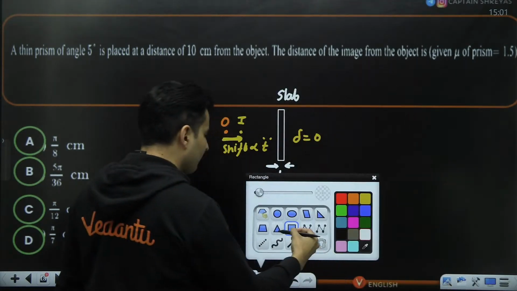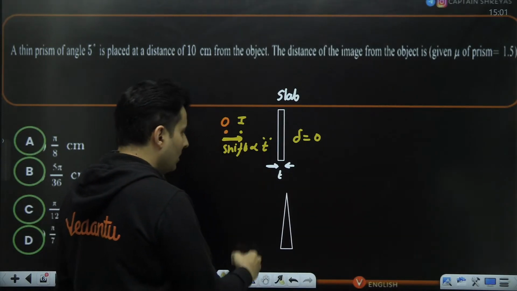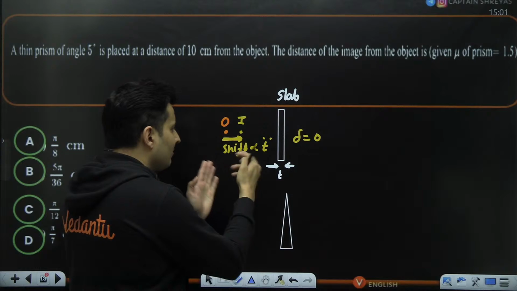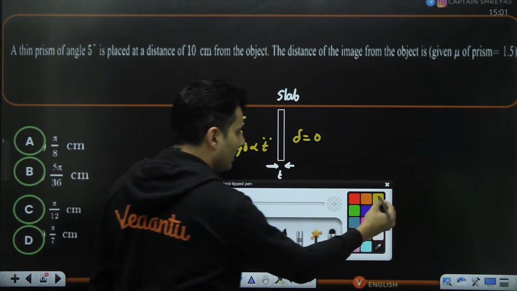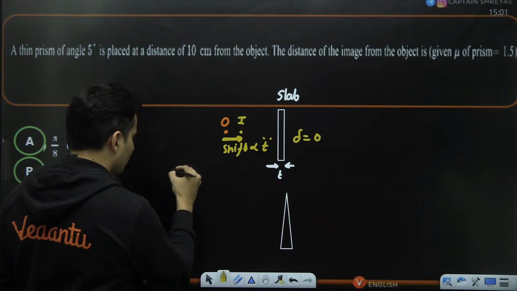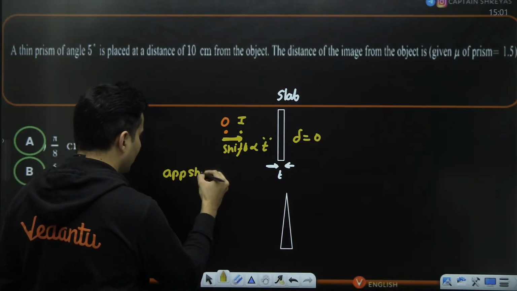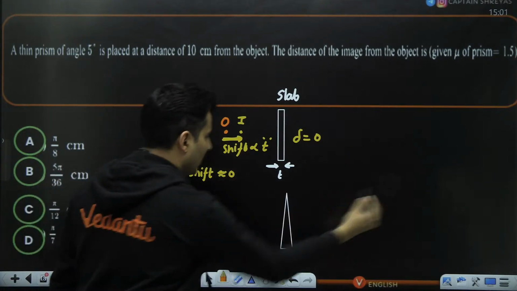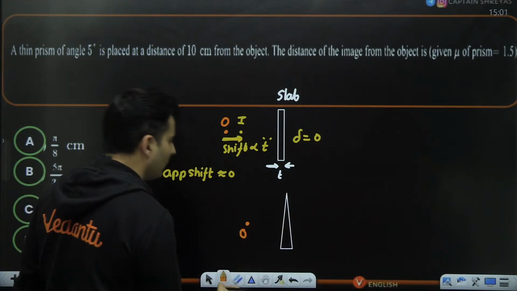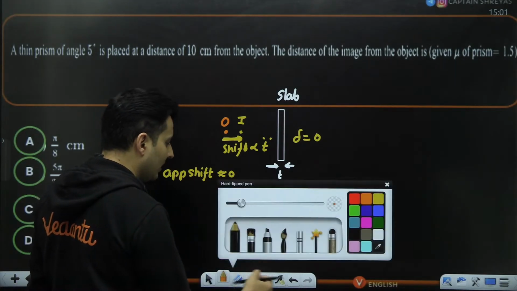But the moment you have a thin prism, because the thickness is very small, the apparent shift will be negligible. So the only thing which a prism does is the deviation.